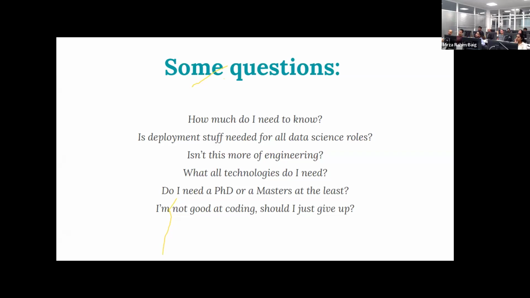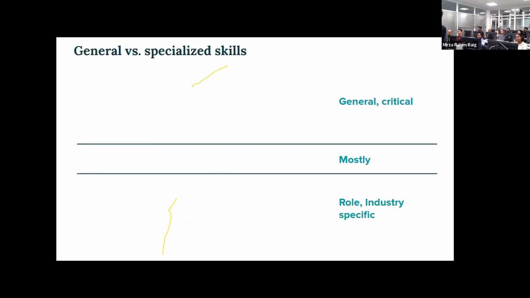It doesn't make any sense, right? What all do I need? Do I need to know PyTorch and Kubernetes and stuff like that? Or do I need a PhD or master's? I'm not good at coding, should I just give up? This is what is happening so far. Thankfully, all of this is changing, right? And many answers we have right now. I'll try to answer some of them.